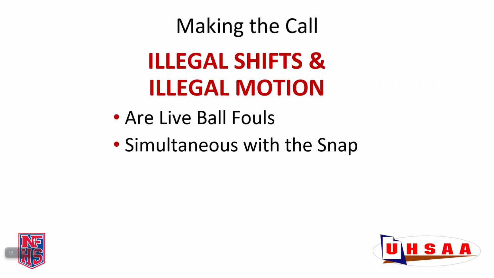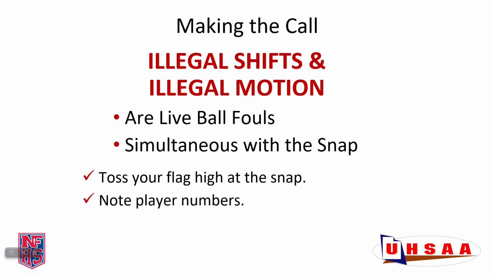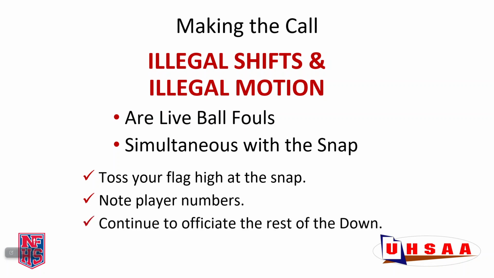So don't blow your whistle when you see an illegal shift or illegal motion. Simply throw your flag high at the snap, high into the air. Note the player numbers who are involved in your decision. Do this verbally to yourself as you toss your flag high at the snap. Then continue to officiate the rest of the down.